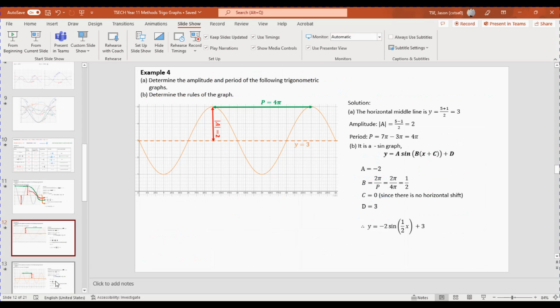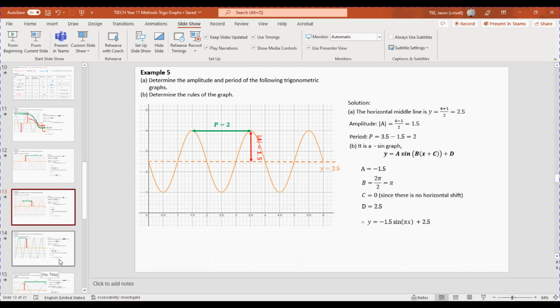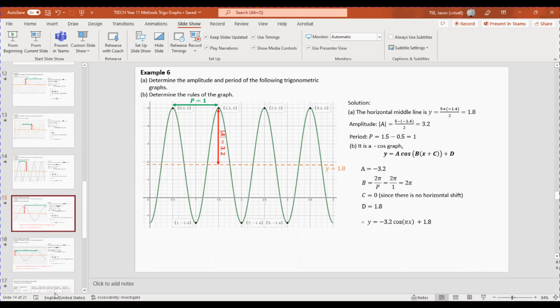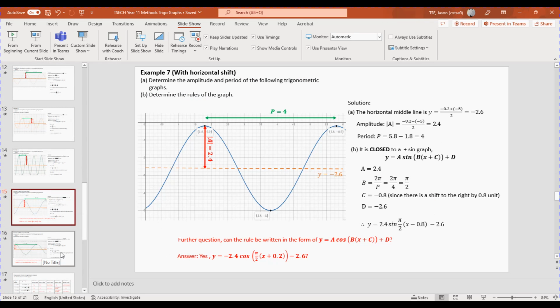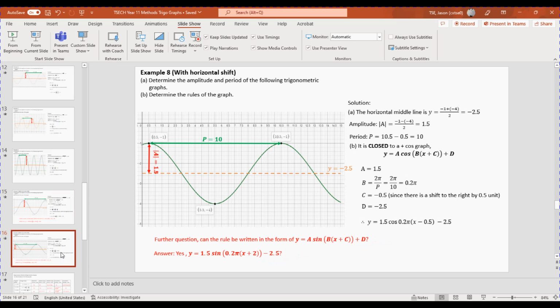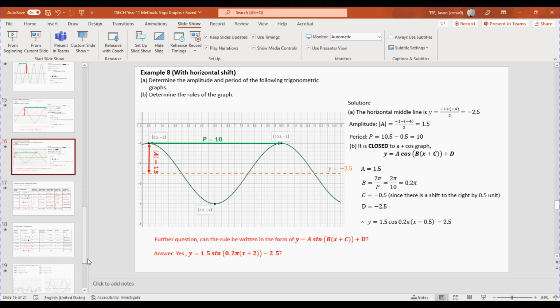Please try example 5 and example 6, but not example 7 and not example 8, because I don't think we really need to know how to do the horizontal shifts. We don't have time to finish all these examples.